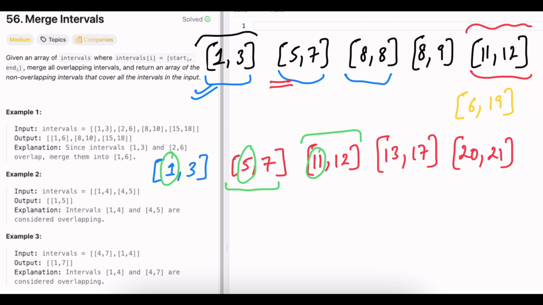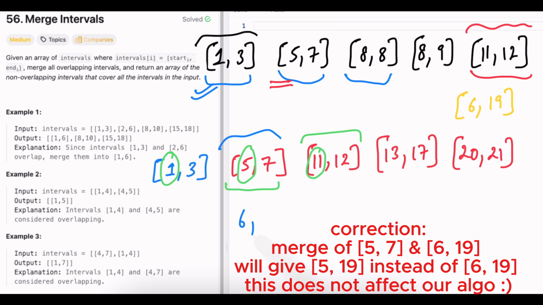So the interval to the left of 6,19 is going to be 5,7. So we first simply merge 5,7 with 6,19, and this is going to give us a new interval 6,19. And the intervals to the right of 6,19 are now these 3 intervals.